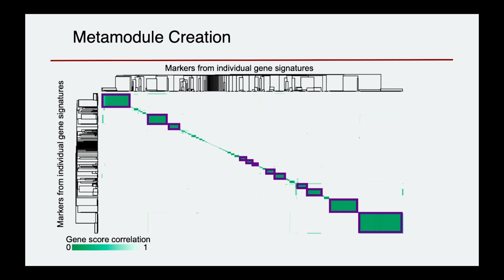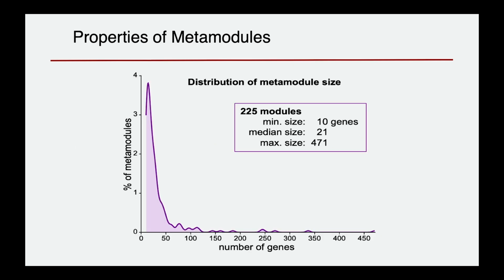This is an example of that last step of creating these metamodules and correlating the gene signatures that we're seeing from each individual. If we look at these metamodules, there's 225 of them. They range in size from 10 to about 471, with a median size right around 20 genes.